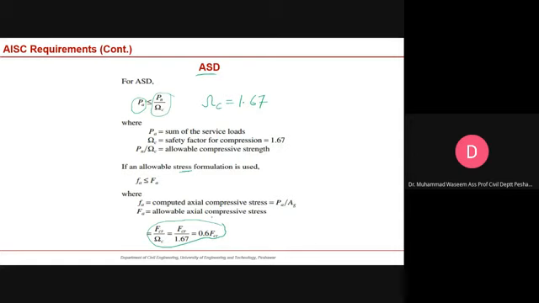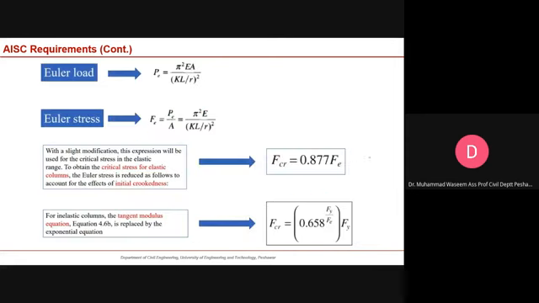If you want to go with this approach, you just compute the critical stresses and divide by 1.67. If you solve this, you will get a value, and the compressive stresses in the member should be less than or equal to this magnitude of stress. Mostly we will follow this formulation in this lecture.